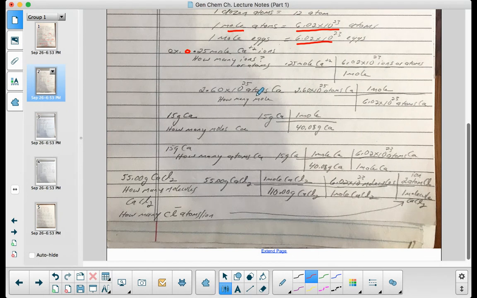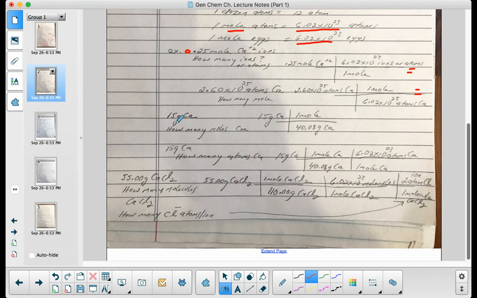And then what if I go the other way? If I have a very large number of calcium atoms, 2.60 times 10 to the 25th atoms, I put what I'm starting with, my data point here, and then I use the 1 mole is equivalent to 6.02 times 10 to the 23rd atoms of calcium to make that conversion. I haven't finished the mathematics here, but I think you get the idea.